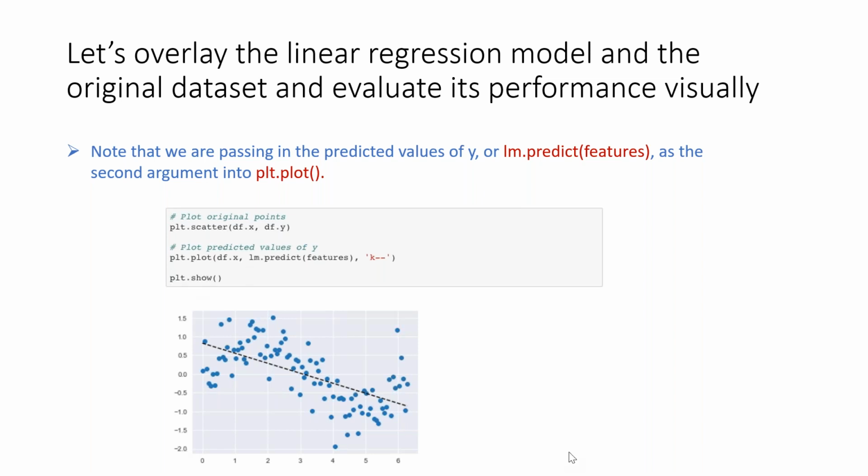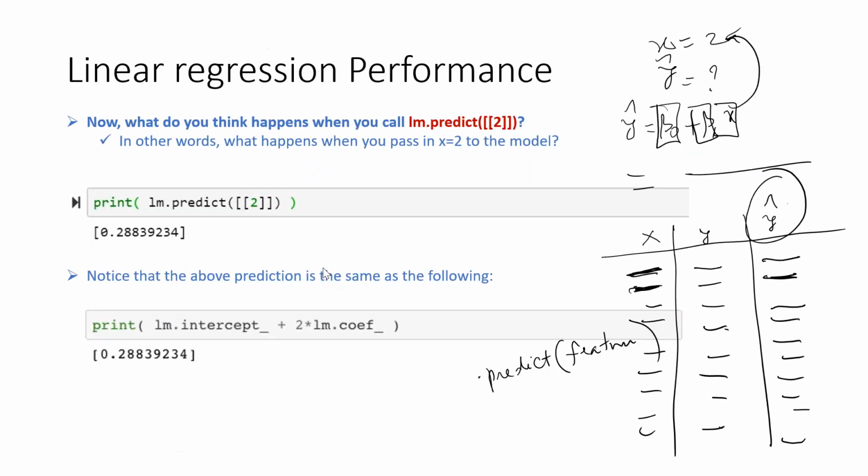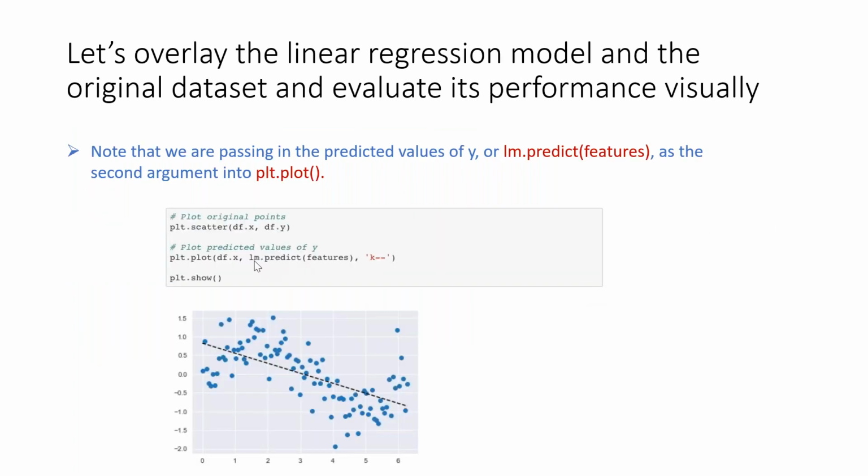On the x-axis I am putting my x column, 100 values. For the y-axis I am using my y hat, those 100 values.